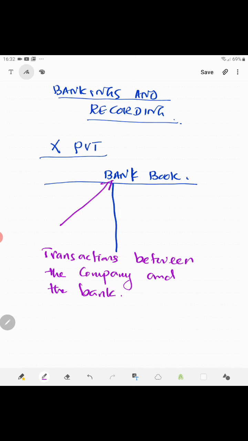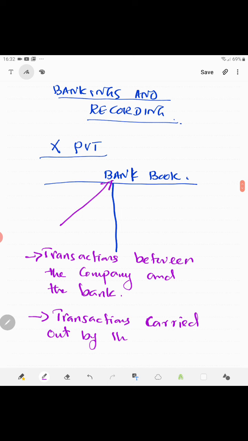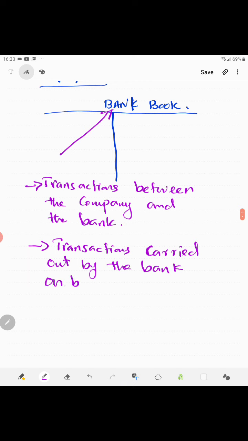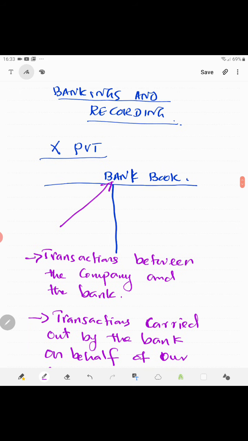These transactions we record in the bank book, and we also record transactions carried out by the bank on behalf of our business. In these two situations, we record transactions in the bank book or bank account.